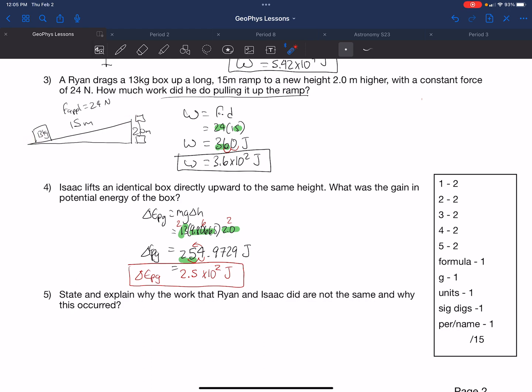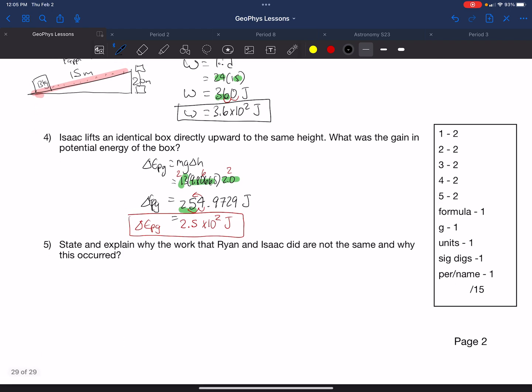In both cases, the work done against gravity is the same. But the problem is, in dragging this box, the bottom of the box is in contact with the ramp, and there's friction. So when Ryan is dragging it up the hill, some of the work he does is against gravity, and some of it is done against friction.